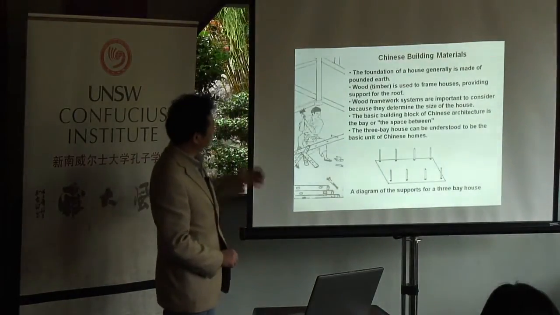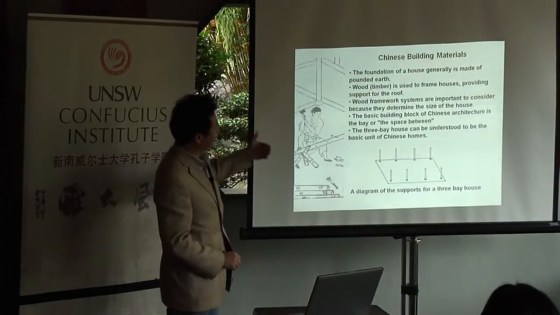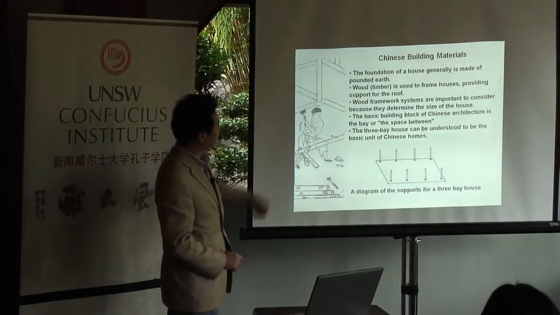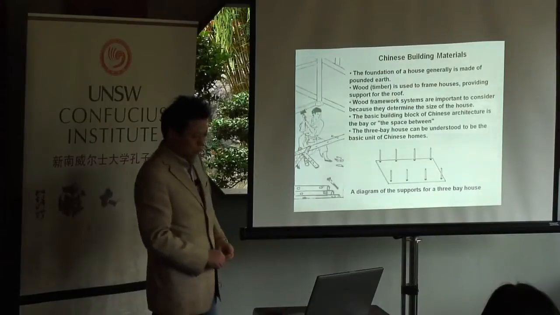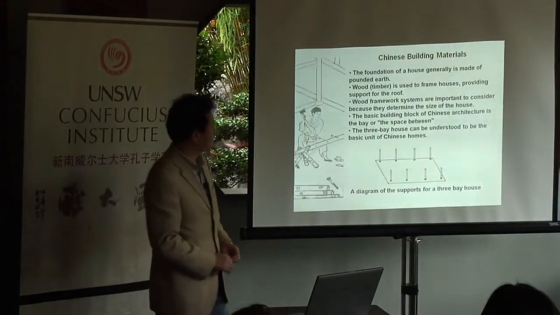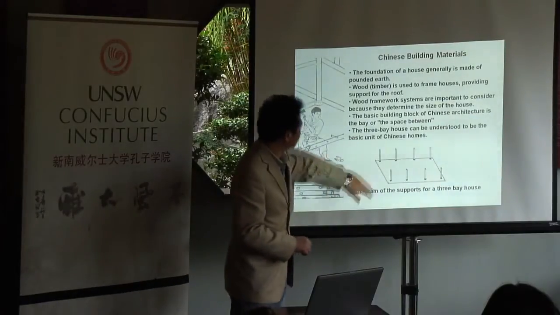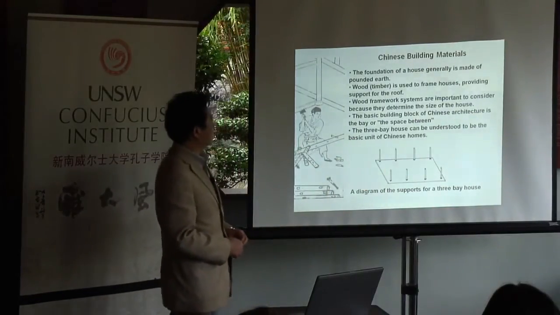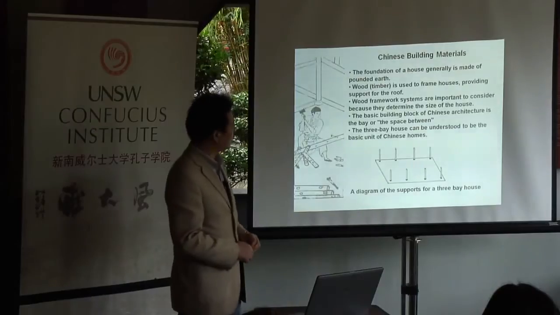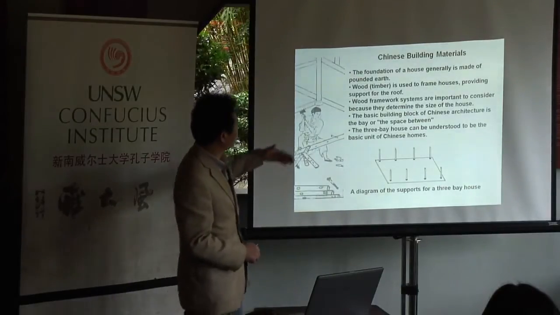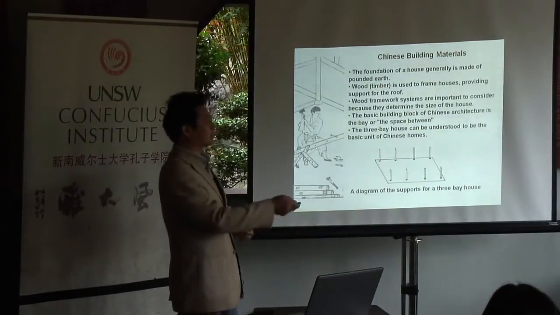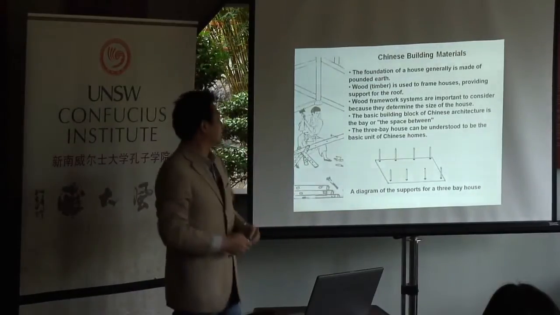Chinese building material mostly uses timber or wood, but the foundation of a house is generally made of pounded earth. The wood is used to frame houses, providing support for the roof.